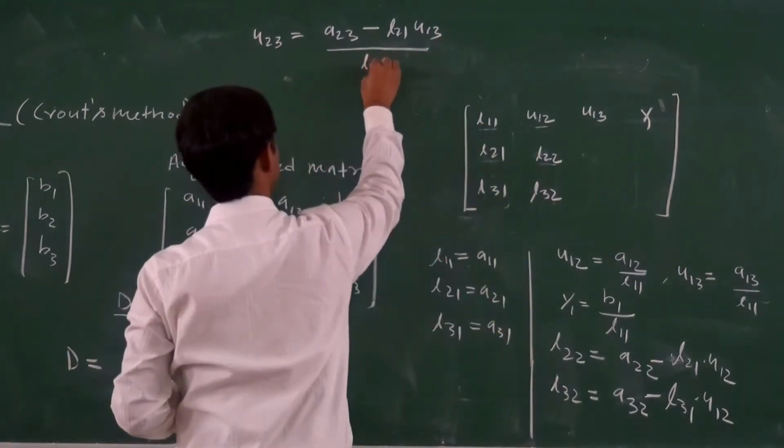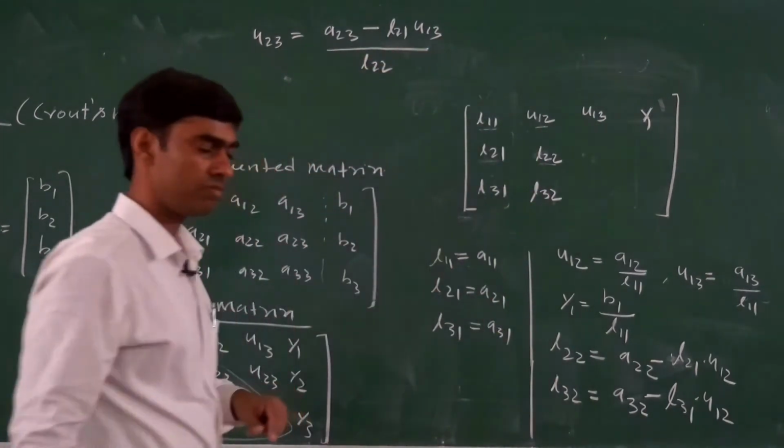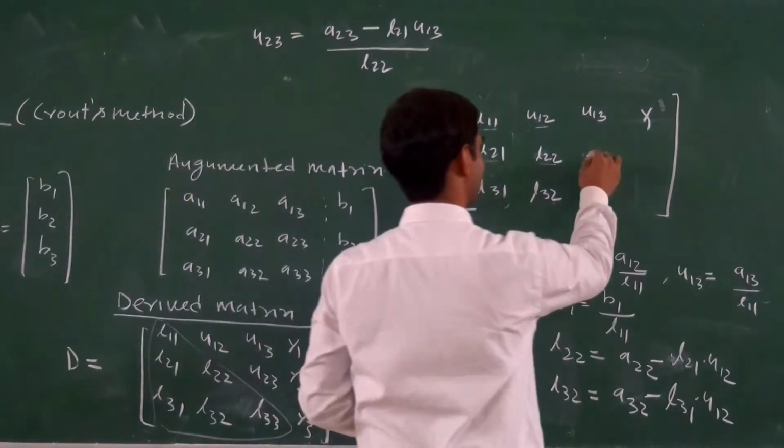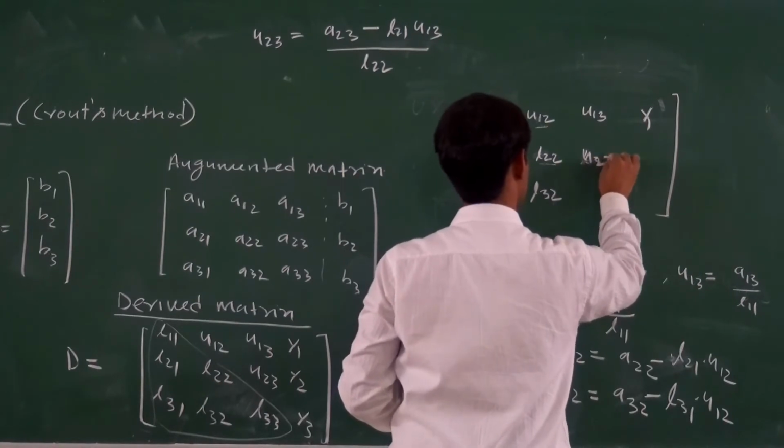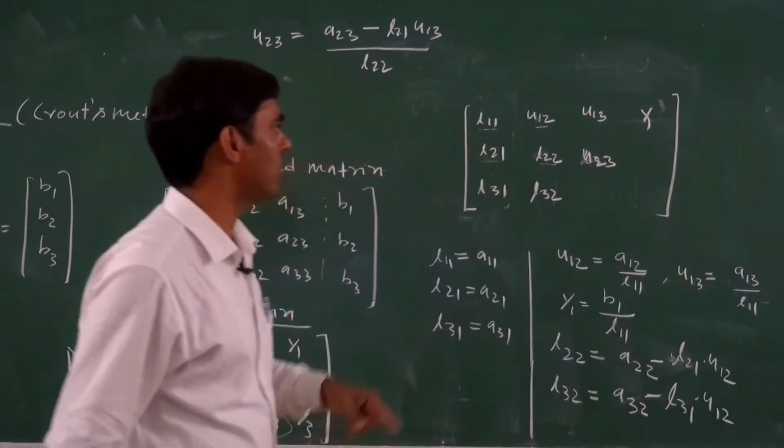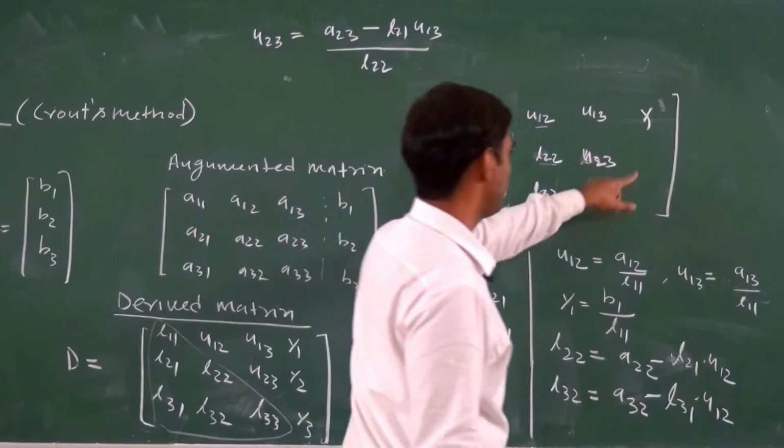What is the diagonal element? L22. Okay. Then we find the value of U23. Now how do we find the value of Y2?